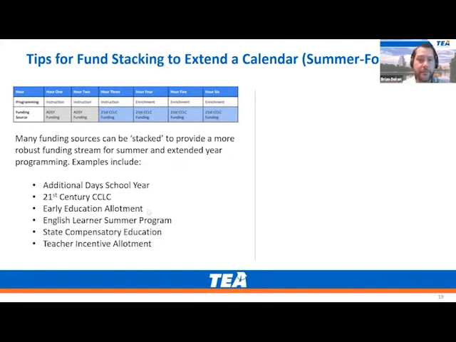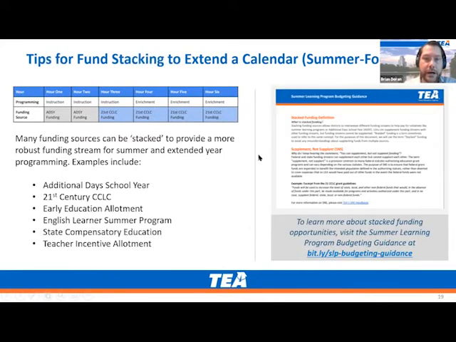This could be some sort of combination with any of these components here: early ed allotment, English learner, summer program, state comp ed, potentially a teacher incentive allotment as well. And we have a guidebook here, summer learning program budgeting guidance, that we hope can be helpful for folks as you're thinking through this budgeting piece.